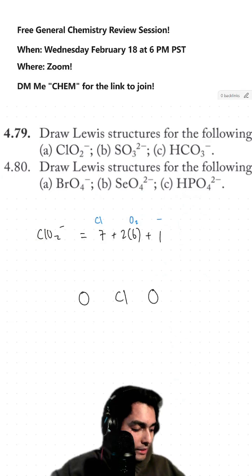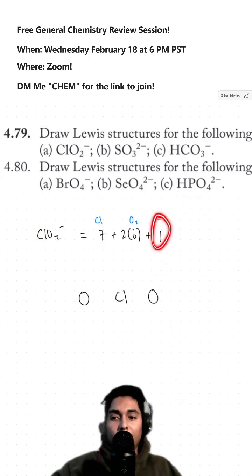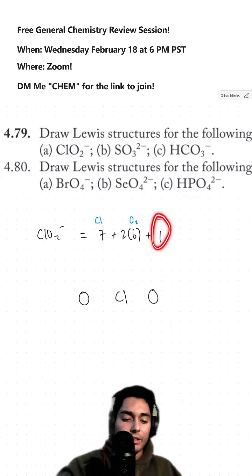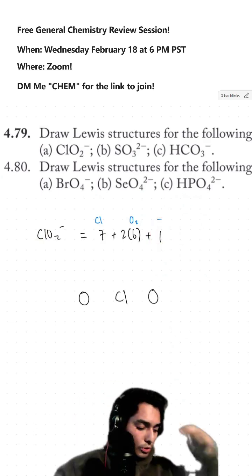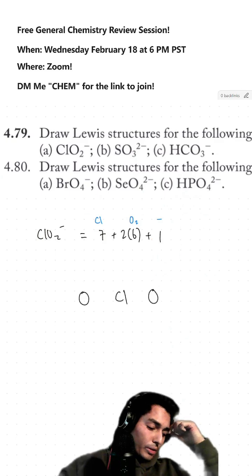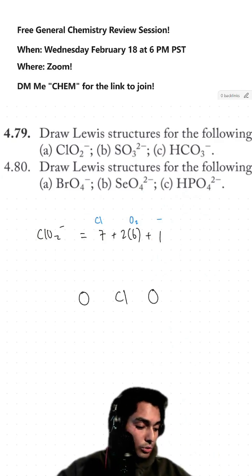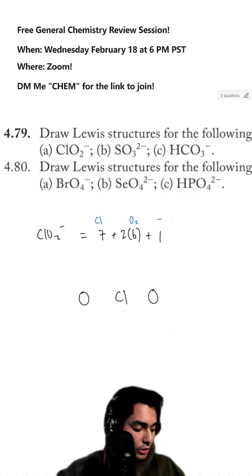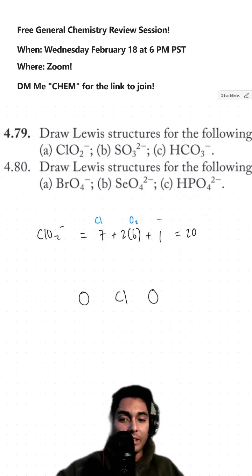Don't forget this extra minus charge from ClO2 minus, which gives an extra valence electron. So in total, what is 7 plus 2 times 6 plus 1? 2 times 6 is 12, and 12 plus 8 is 20. So in total, I'm going to have 20 valence electrons.